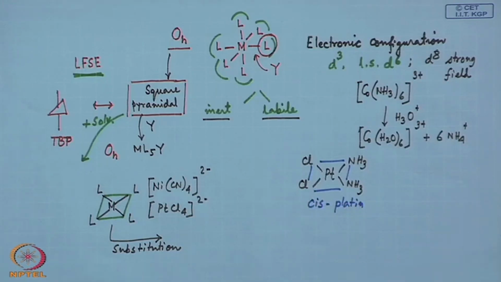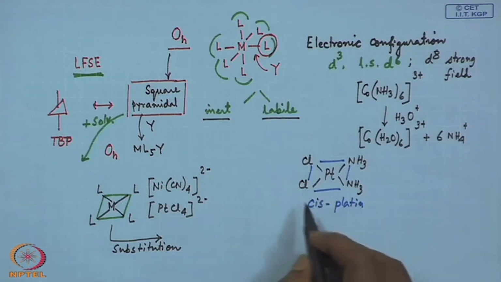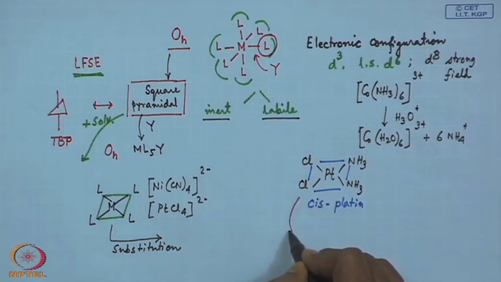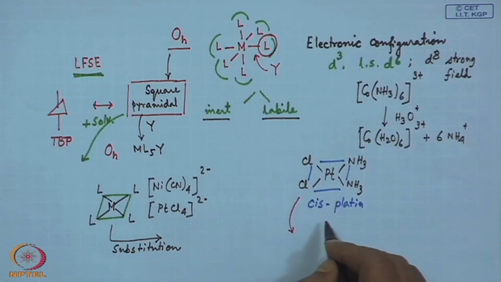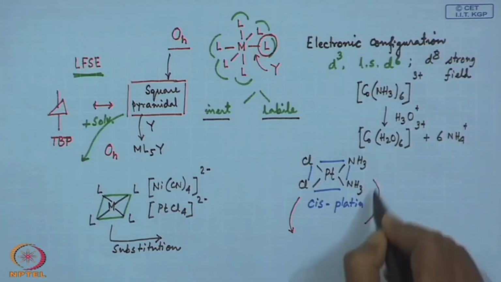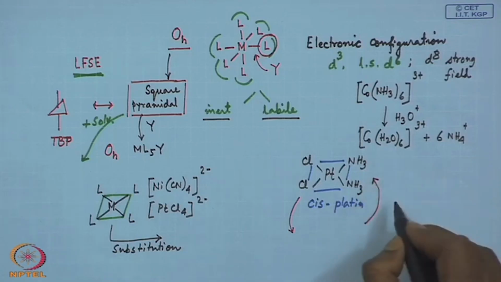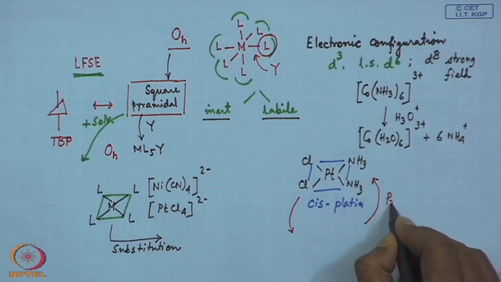How this cisplatin molecule can function as an anti-cancer drug is important to know, and not only how it can go for its reactivity as an anti-tumor or anti-cancer drug, but also the first thing we can do: how we can synthesize it, that means the preparation.